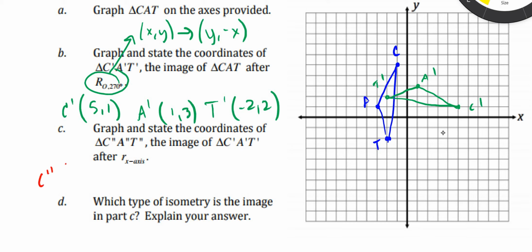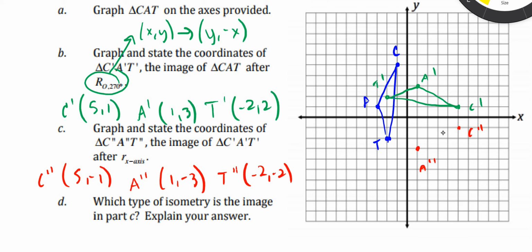So C double prime is going to become (5, -1), A double prime is going to become (1, -3), and T double prime is going to become (-2, -2). So we wind up having this triangle. Also notice T and T double prime are the same point.